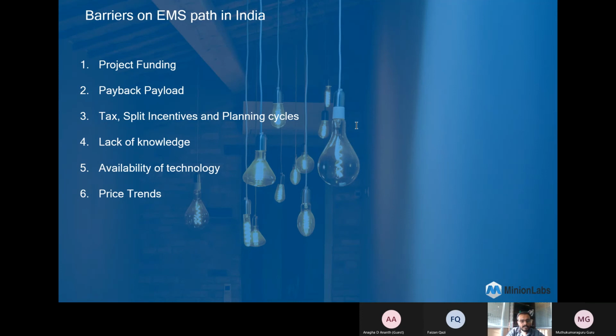Also, new EMS technologies are costly to implement. Price trends: volatile energy prices can lead to uncertainty on return from capital investment in new energy efficiency projects, mainly for small utilities.